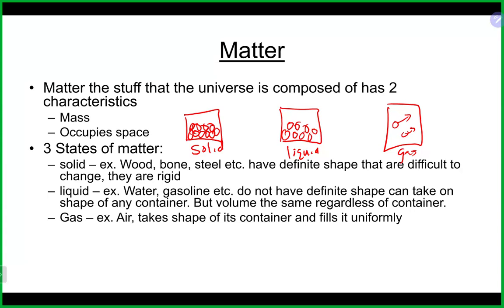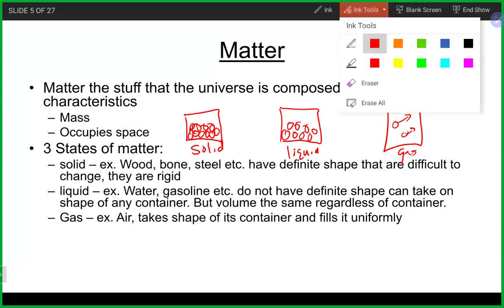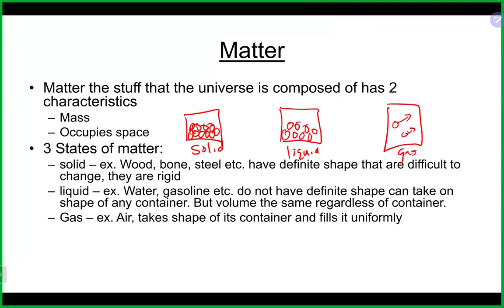I think we also talked about some of the transitions as we go from these states. And again, just a reminder that as we go from solid to liquid, that is the process of melting. As we go back from liquid to solid, that is the process of freezing. Liquid to gas is evaporation or vaporization.